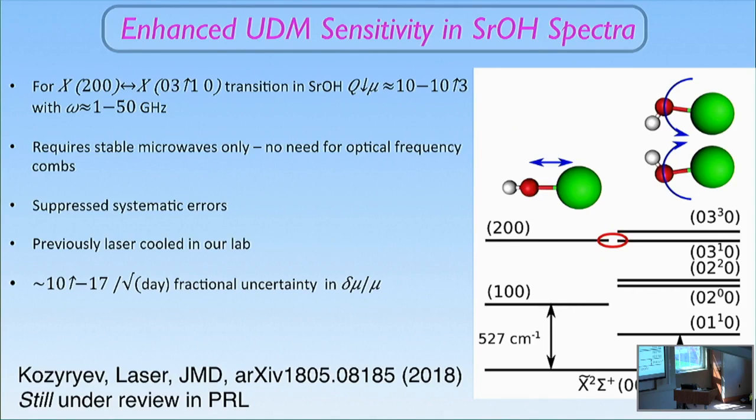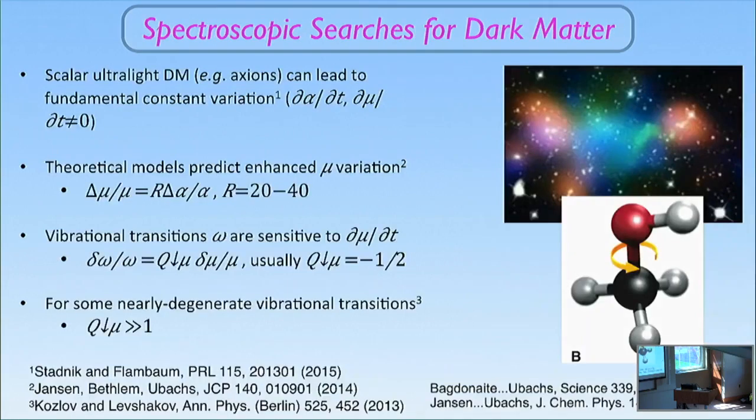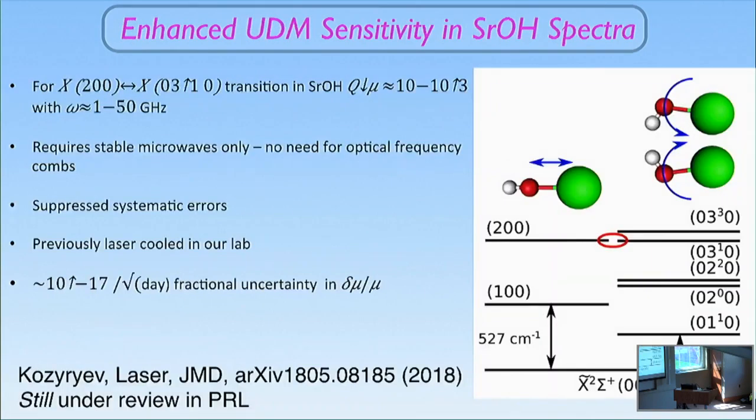You can come up with other examples, and there are other examples that have been talked about. We're not the first people to think of this by any means. But this particular approach, which can use laser-cooled molecules that I'll talk about later in this talk, has a very high sensitivity, and that's the idea.